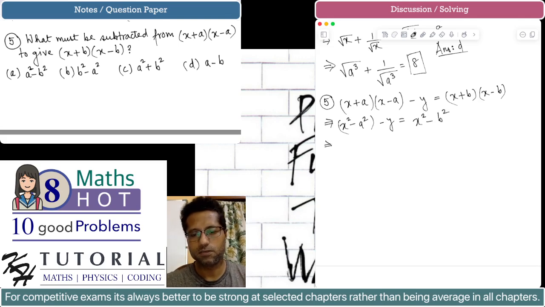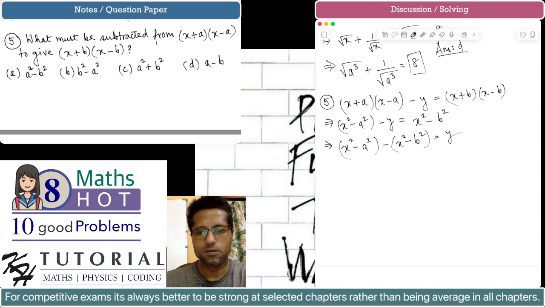So this implies if we take the y to the right hand side and the RHS to the left hand side, we get x square minus a square minus of x square minus b square is equal to y. So y is equal to, if you open the brackets, x square minus a square minus x square plus b square.